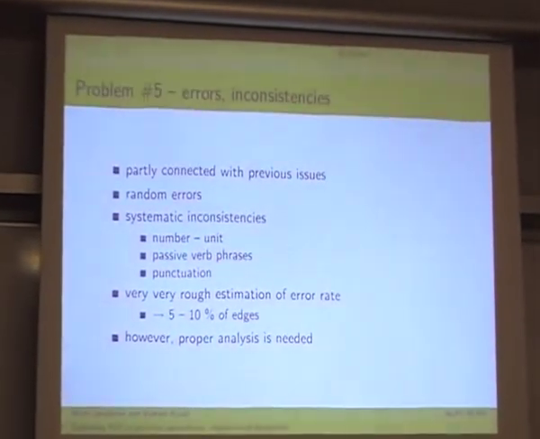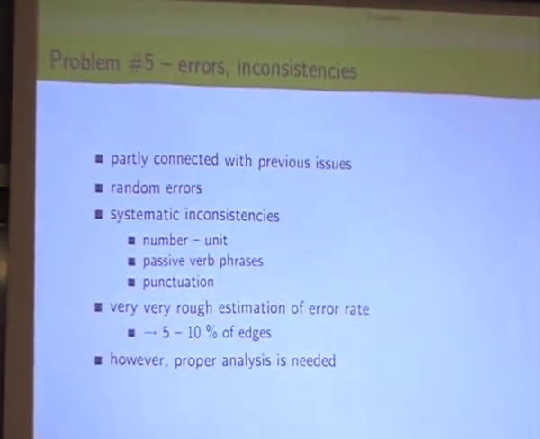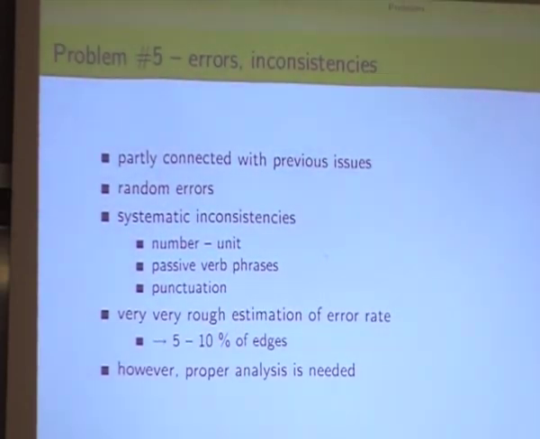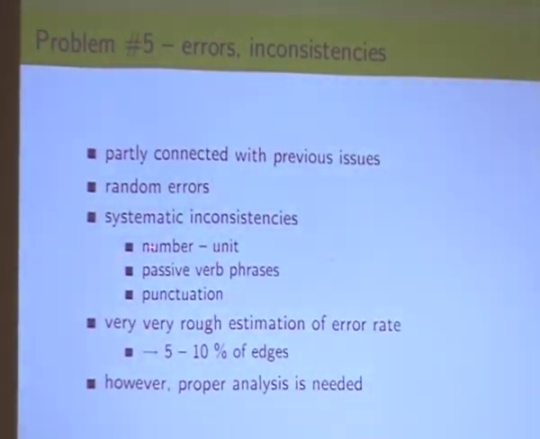By the process of parser development, we have found some random errors, some systematic inconsistencies, for example, in annotation of case number unit, like 300 meters. There are inconsistencies in passive verb phrases, for example, the house is built. I will show the examples. There are some inconsistencies in punctuation markup, which is not so important, but they are there.